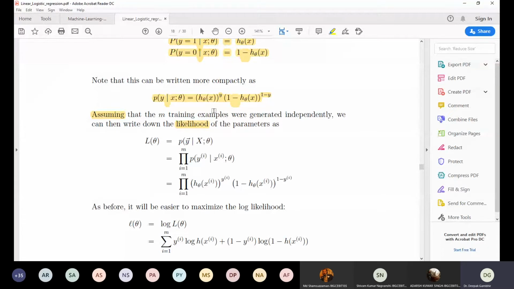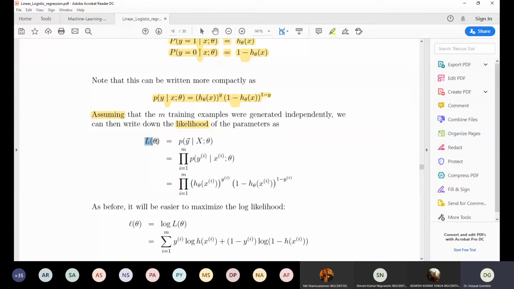Whereas in the case of linear regression, we directly used the gradient descent algorithm, because the output is in continuous form, but here the outputs are available in discrete form, either 0 or 1. So we need to define what could be the likelihood of getting 1 or 0. So we are trying to find that.